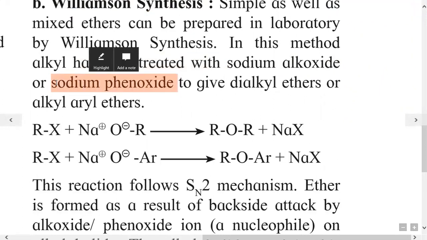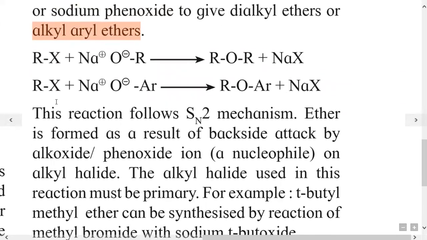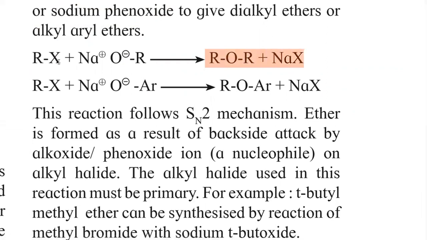Then it gives dialkyl ether or alkyl aryl ether. Both general equations are given here. RX is alkyl halide. When treated with sodium alkoxide, we get ROR plus NaX as a side product.